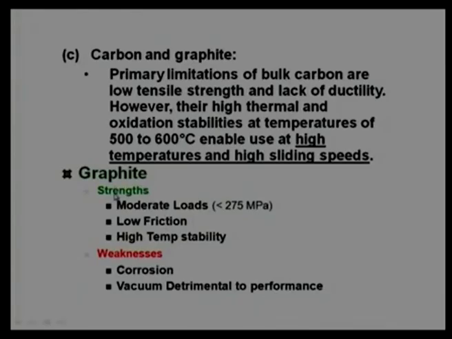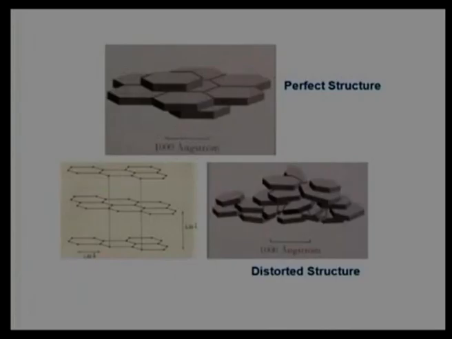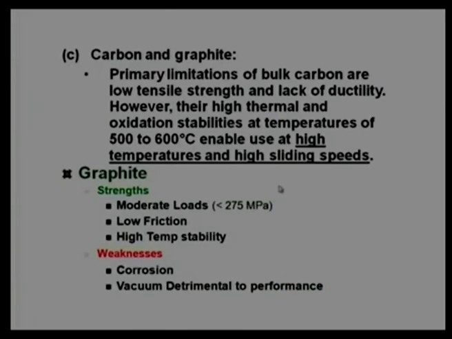It has certain strengths, certain weaknesses. The strength is it cannot sustain as high a load as molybdenum disulfide, but it can sustain a moderate load. If we express the load in terms of stress, it can sustain a stress up to 275 megapascal.